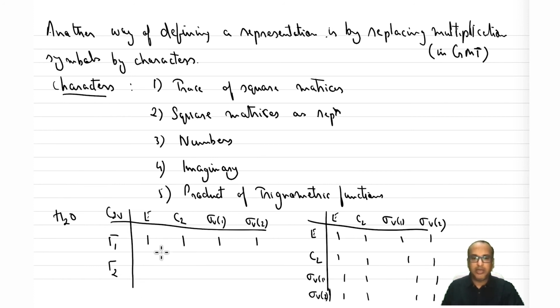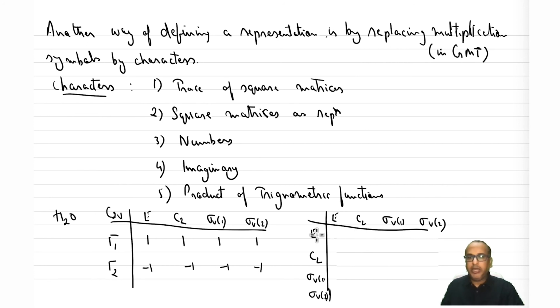Let us call another representation tau. Let us say that now I'm choosing -1 for all. So what do I have? -1 into -1, I should get +1 here, right? So let me just rub this off and write the products again, using -1 as the character for all 4.